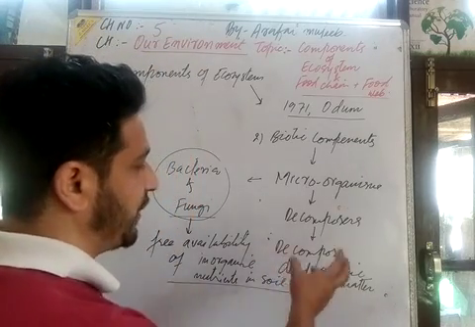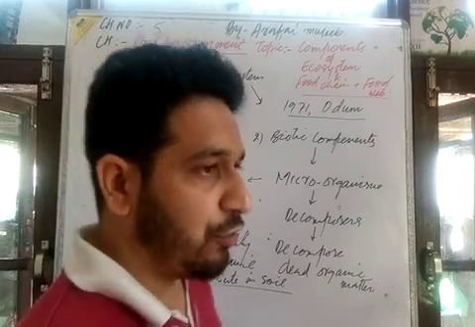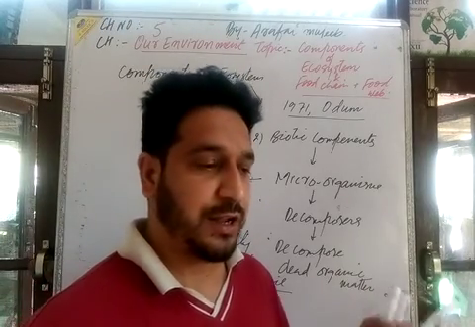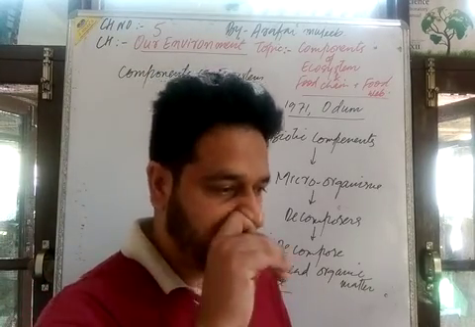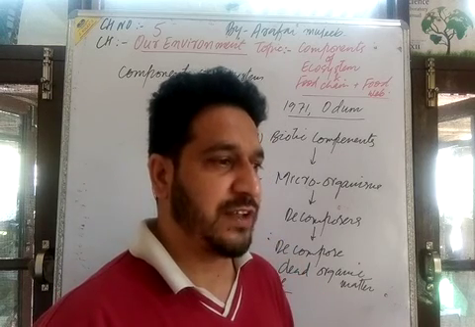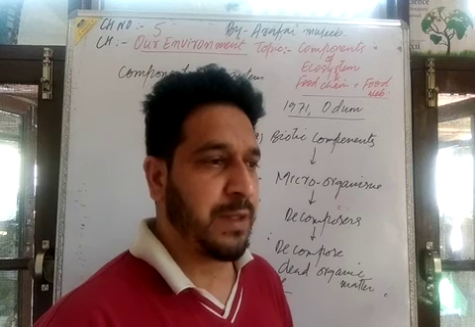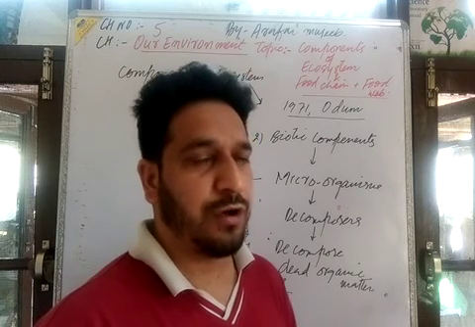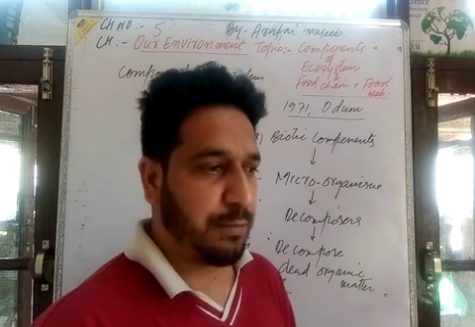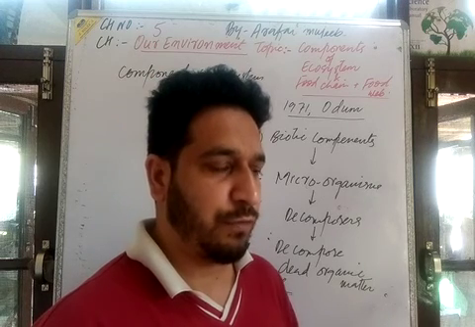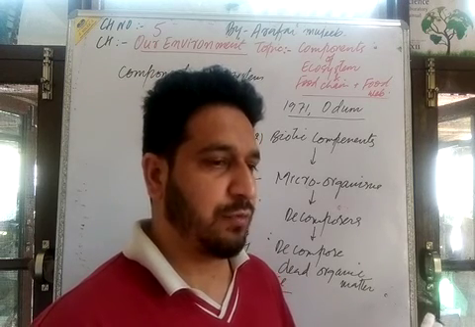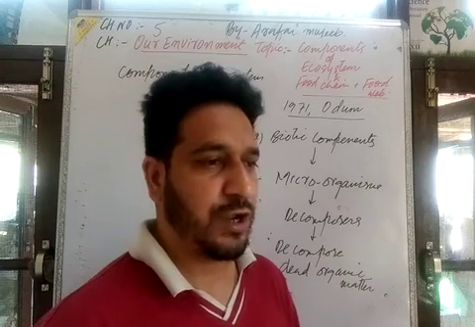By decomposing the dead organic matter, if the dead organic matter of plants, animals, and human excreta, sewage, other wastes are not properly decomposed by the decomposers, then this whole area would be polluted and full of smell. The air, water, and soil would all be polluted.